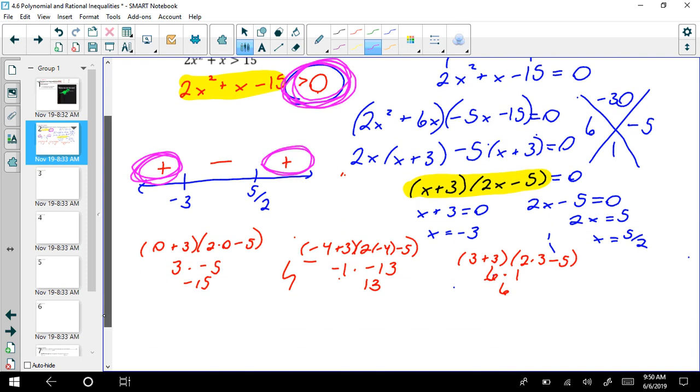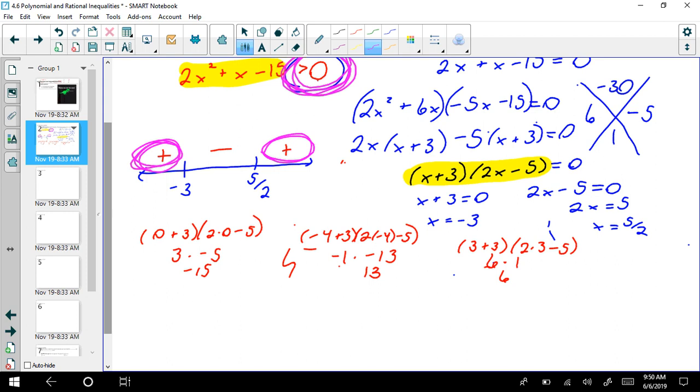So to write this as your answer, we're just going to use interval notation. I would say one place would be -infinity until -3, or, and now I'm going to write the other region, 5/2 to infinity. Why did I use parentheses and not brackets?